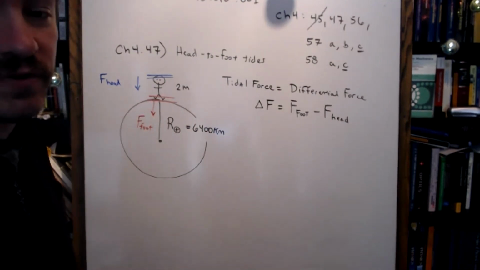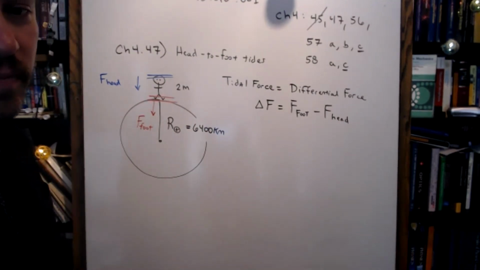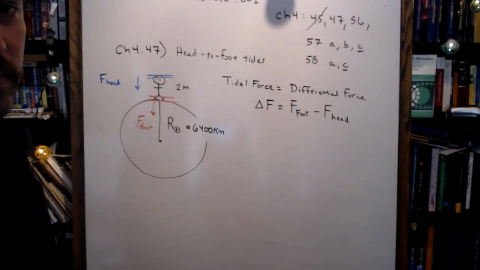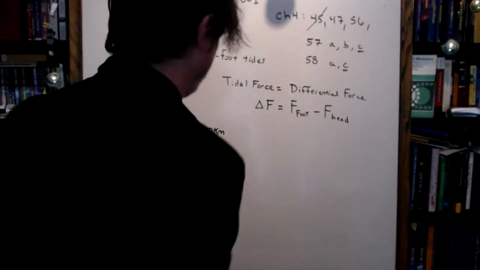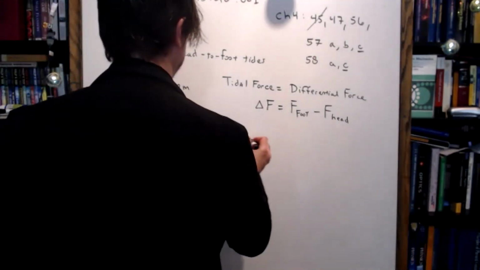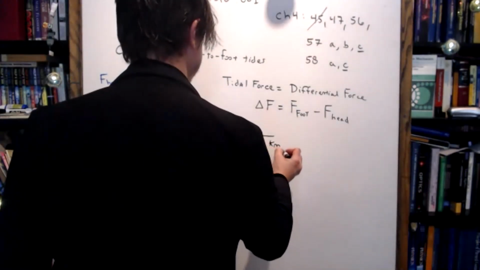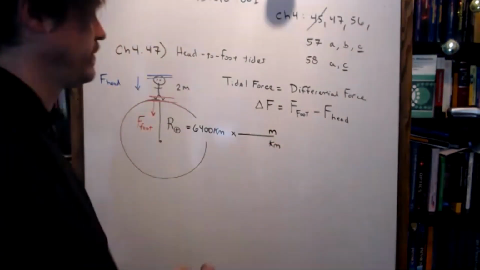Hey, Andrew, what's the conversion from meters to kilometers? Meters to kilometers. So 1 meter is 1,000 kilometers. Wait a minute, I'm not sure about that. Oh, wait, I think I got it.